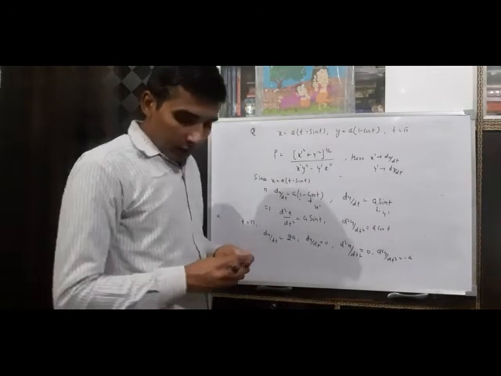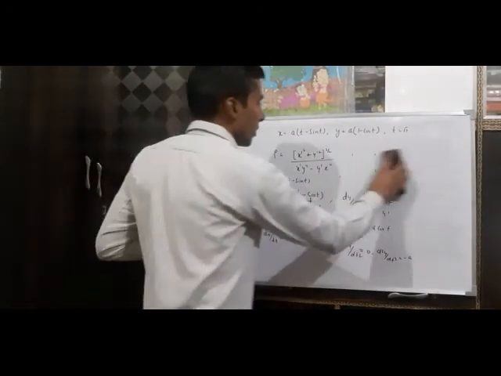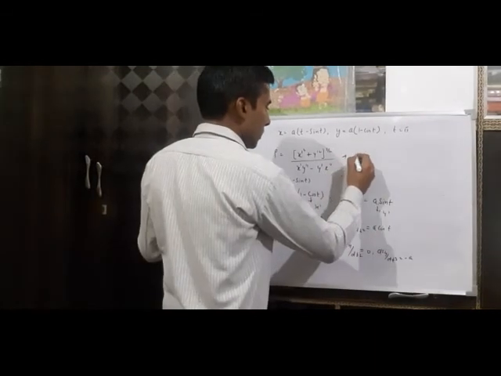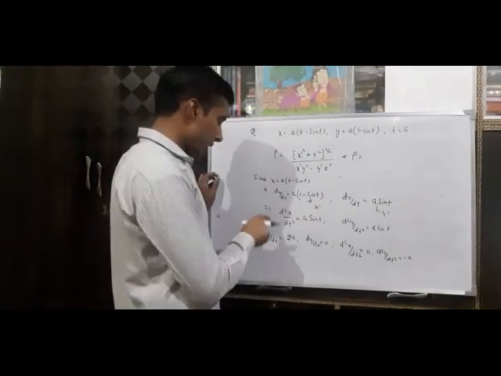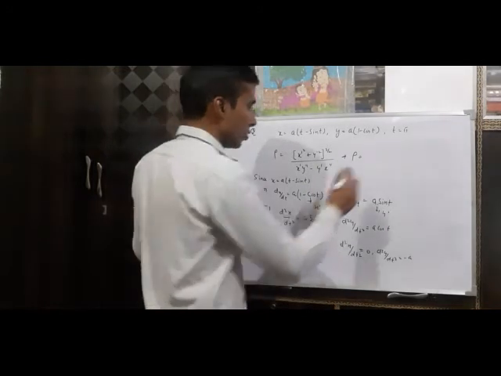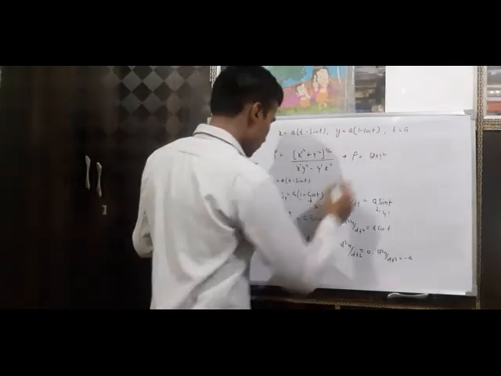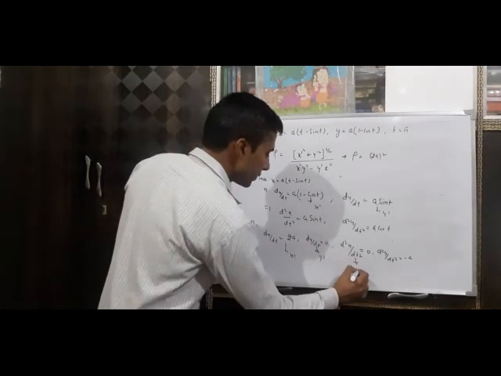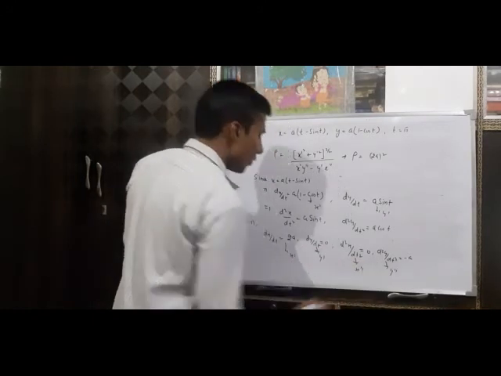So when we put these values in this expression, we get the radius of curvature. x prime means (2a) whole square. This is your x prime, this is y prime, this is x double prime, this is y double prime.